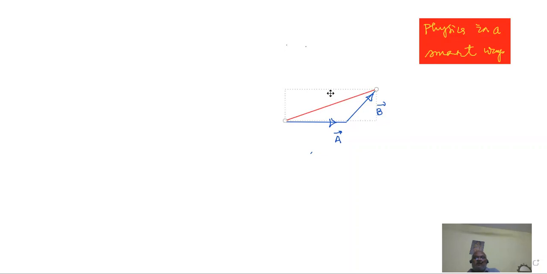As you very well know, they have to be in the fashion head to tail like this. And as you know, R is the sum of A and B.